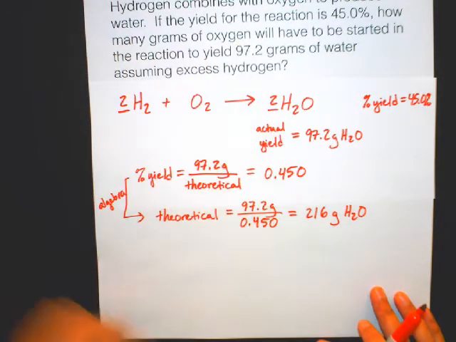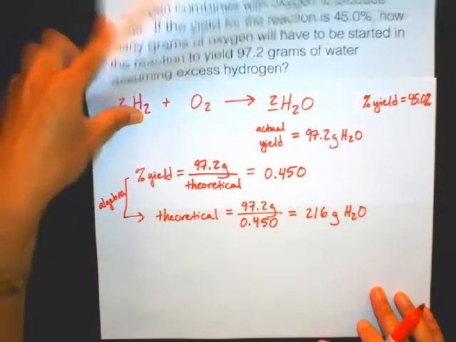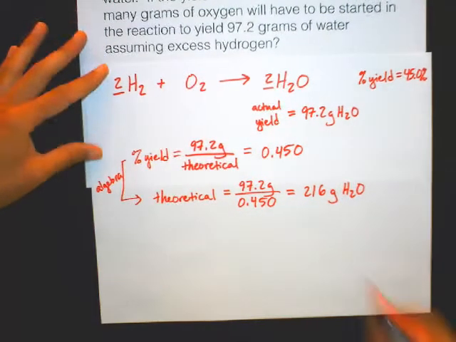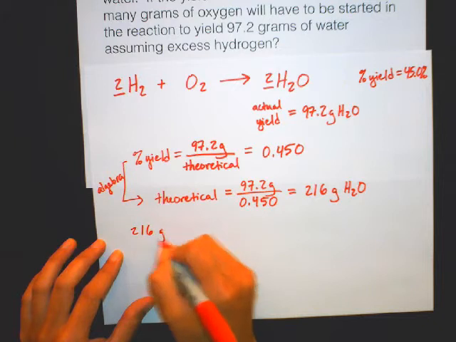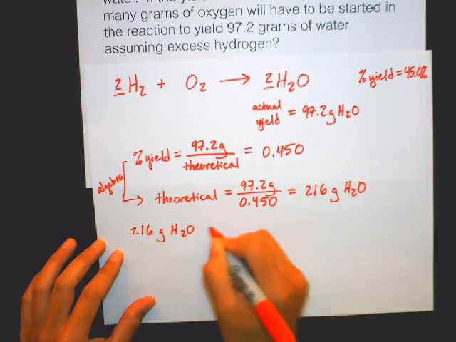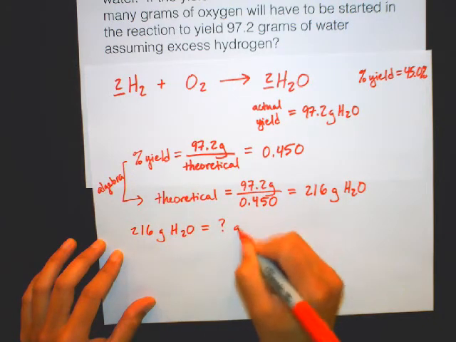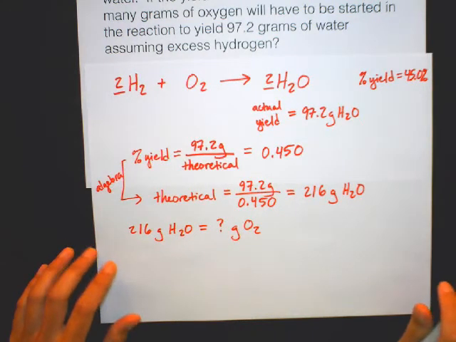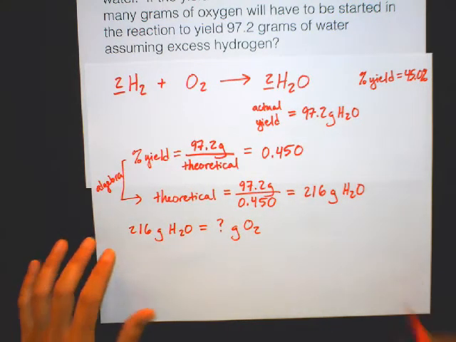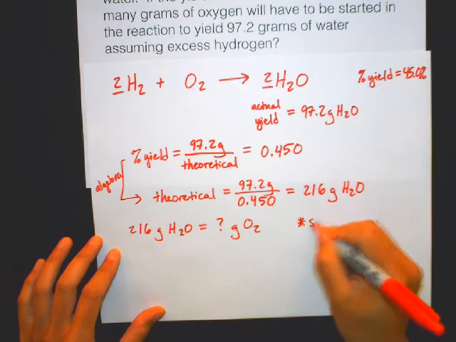But remember, the question is asking us how many grams of oxygen will have to be started. So we don't have oxygen, but we do have water. So now we are converting grams of water into grams of oxygen.